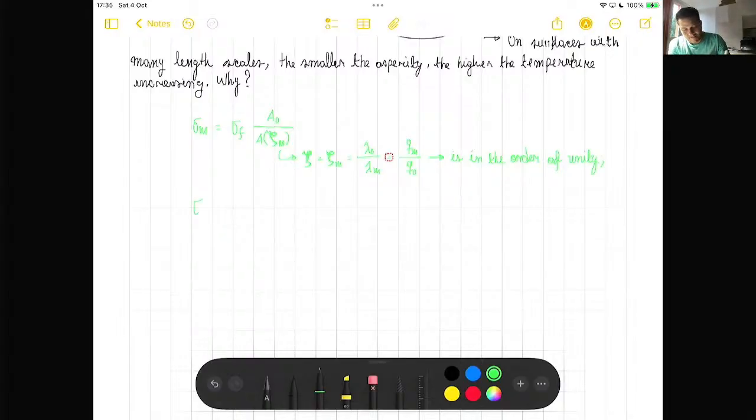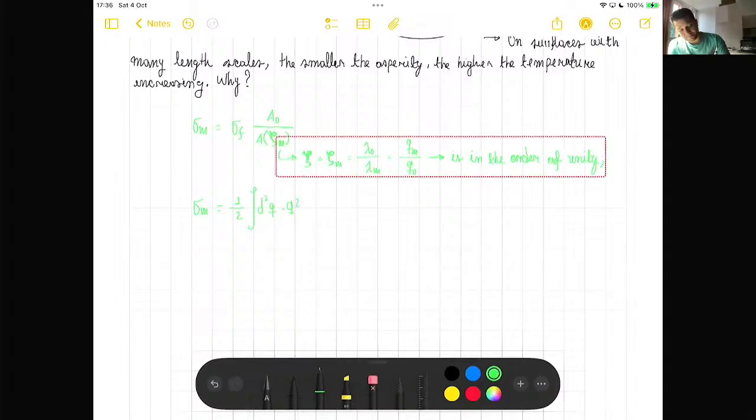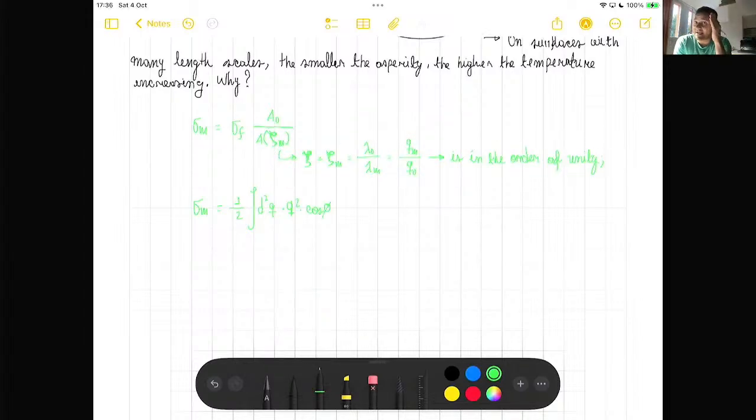So sigma m will be equal to 1 divided by 2 times the second derivative of q times q squared times cosine of phi, the direction of the asperities.